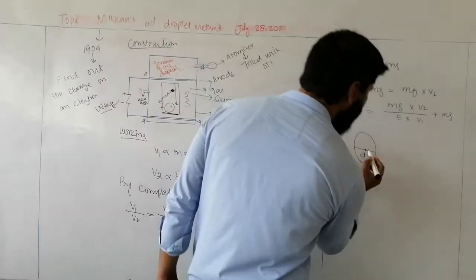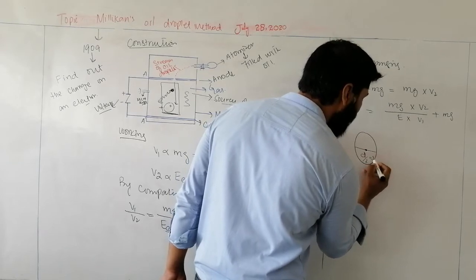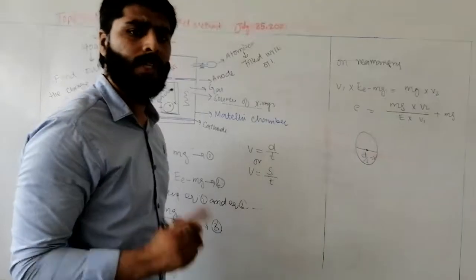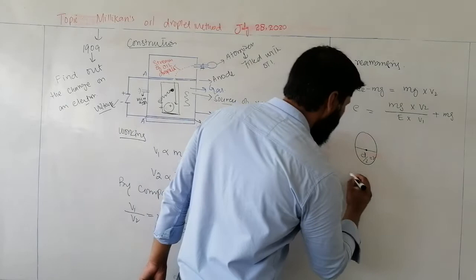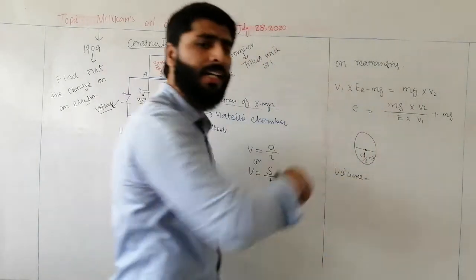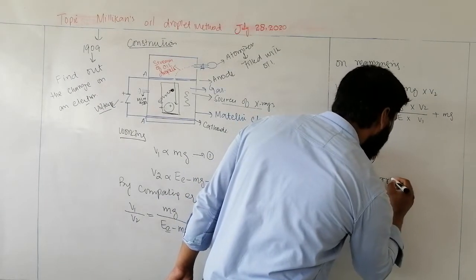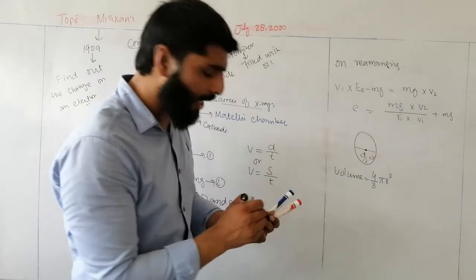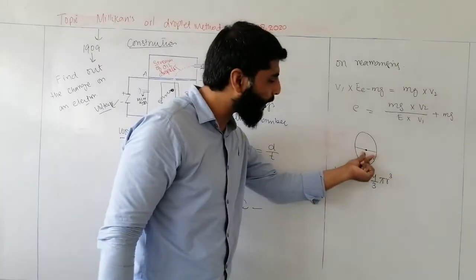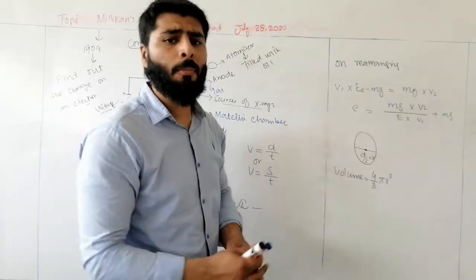As we know, if we have the diameter, then by dividing it by 2 we will get the radius r. Now the volume of the spherical droplet will be 4 by 3 pi r cube. If we have the value of radius r, then we can find the volume of the droplet.